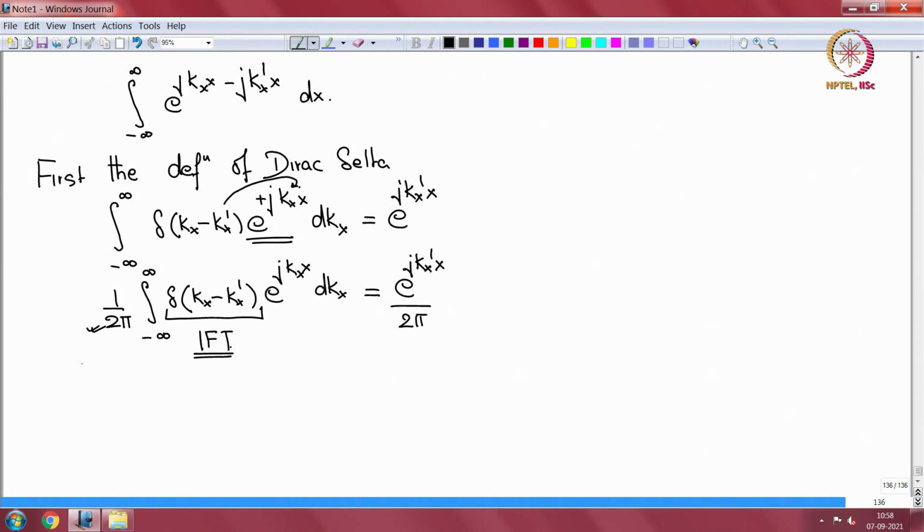Now if I look at the forward transform, the forward transform of this should give me delta back.